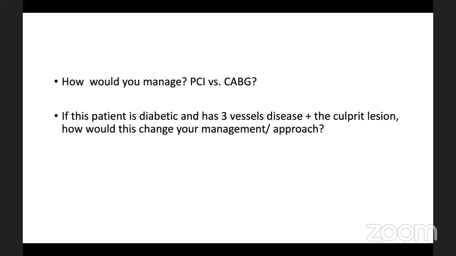Okay. So we do PCI and then we offer him CABG, or what? So you do PCI to the culprit region. Okay. So if you think according to the ECG the LAD is the culprit region, even though he has another coronary disease, the main goal is to open the LAD and stent it. And then you can talk about the other coronary artery disease.